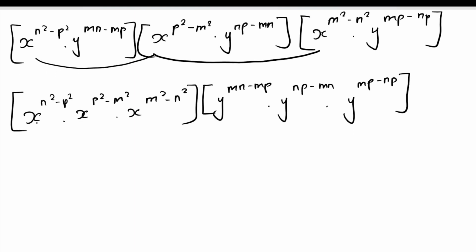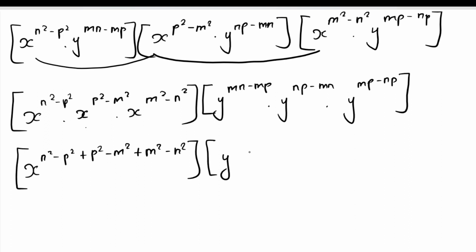Now here the bases are same and it's in multiplication, so the powers can be added. So this will become x to the power n square minus p square plus p square minus m square plus m square minus n square into, here again the powers can be added, so y to the power mn minus mp plus np minus mn plus mp minus np.